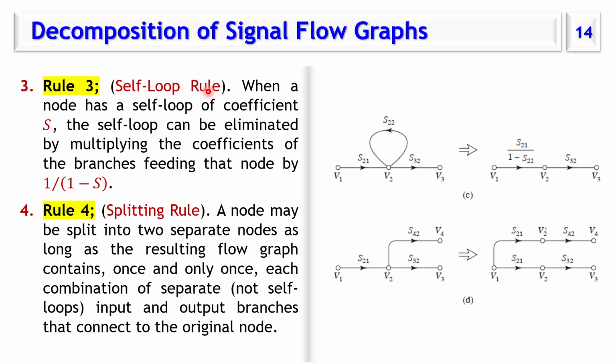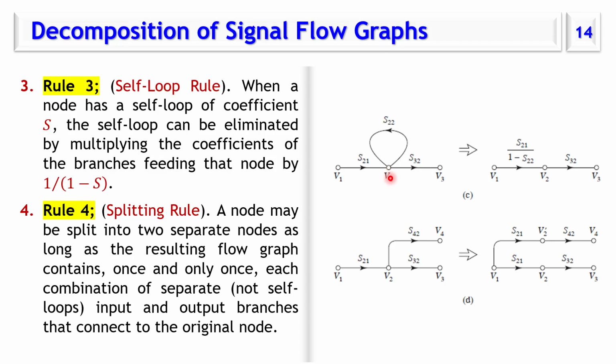The self-loop rule is rule number 3. When we have something like this, again, it will not make a difference if the arrow is going that way or that way. So there is a loop on V2. Here you can say V2 equals S22 multiplied by V2 plus S21 multiplied by V1. In order to get rid of the loop, we just write the math.